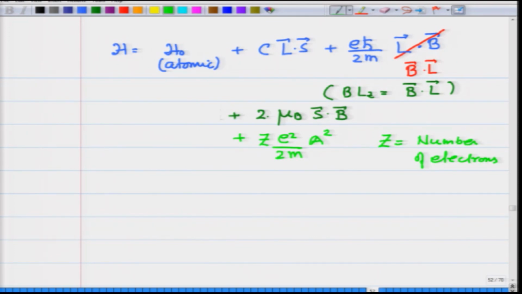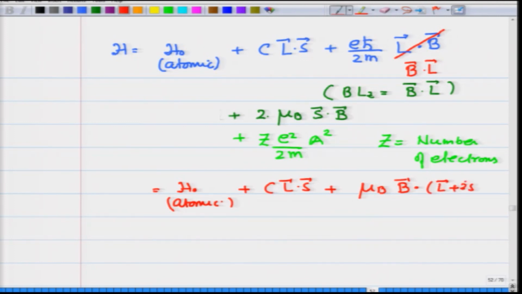So, we have gotten all the terms in the Hamiltonian, right. So, I can again write this as equal to H 0 atomic plus C L dot S plus e h cross by 2m, which is mu B. So, I can write this as mu B B dot (L plus 2S), plus Z e square over 2m.